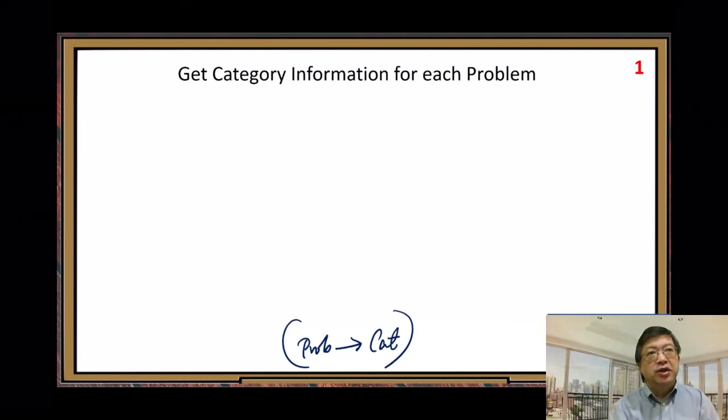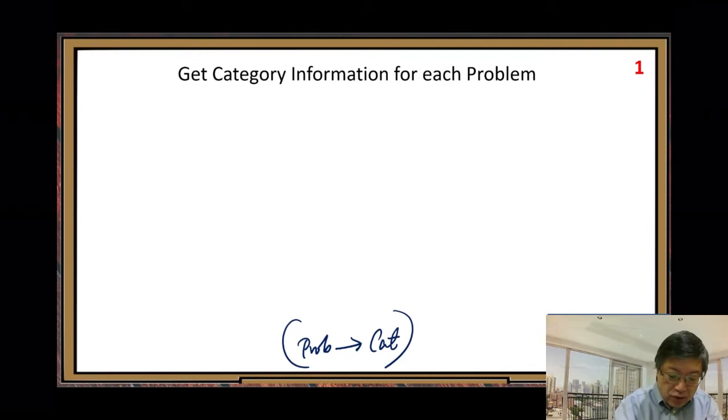So here we need to do some groundwork for that part. One important thing is get category information for each problem. For each problem, you need to build the support in it in order to store the category information.